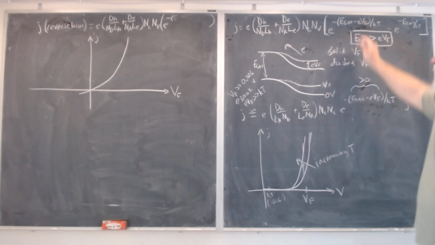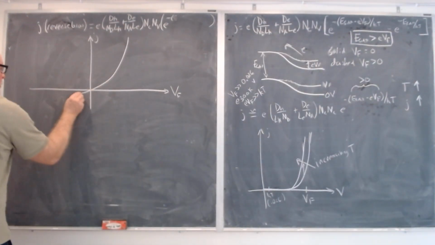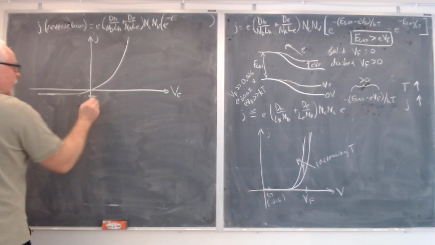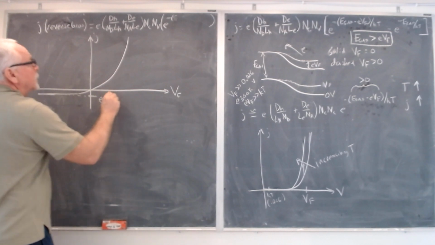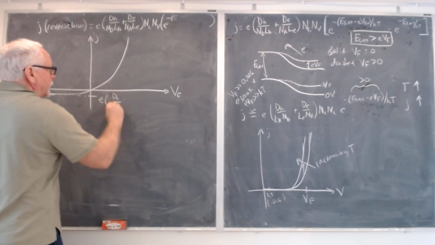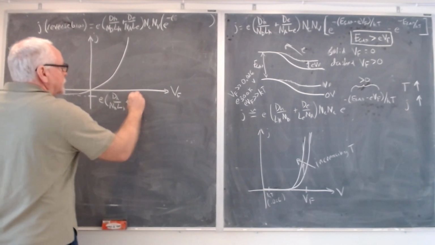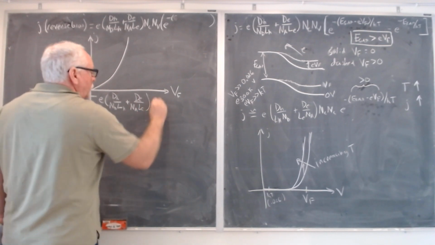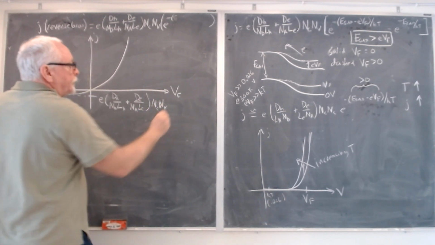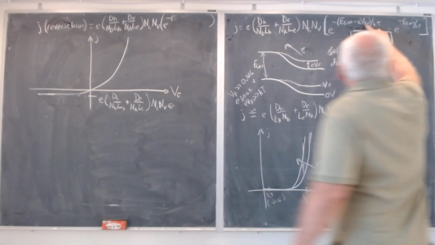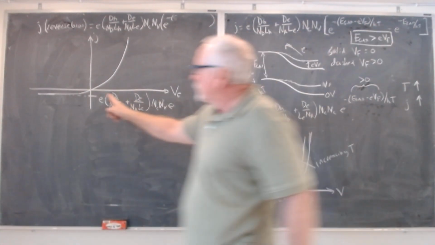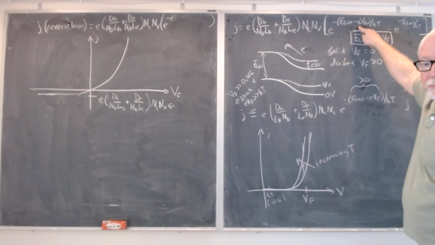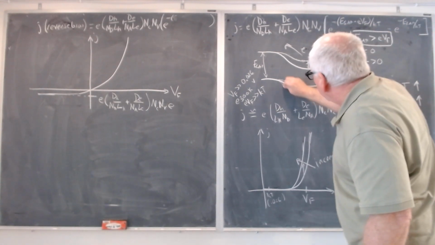And so eventually, this becomes a constant where that value is E dH over ND LH plus DE over NA LE, NC NV, E. Remember this for reverse bias, negative VF, that can exceed the gap because reverse bias is going the other way.